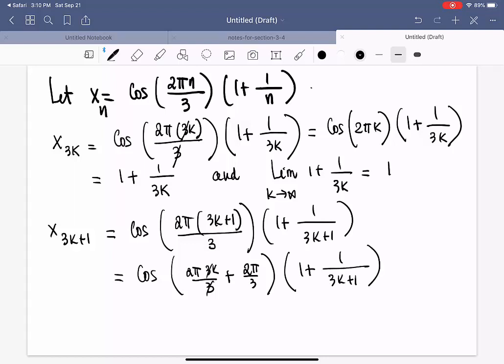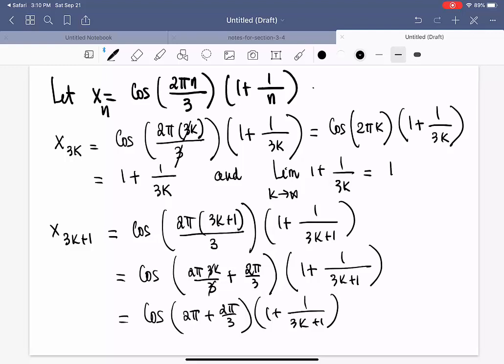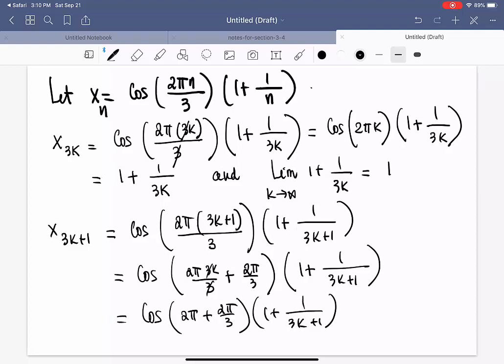And so this will then be cosine of 2 pi k plus 2 pi over 3 times 1 plus 1 over 3k plus 1. Now, the fact that cosine is periodic allows us to obtain cosine of 2 pi over 3 times 1 plus 1 over 3k plus 1.